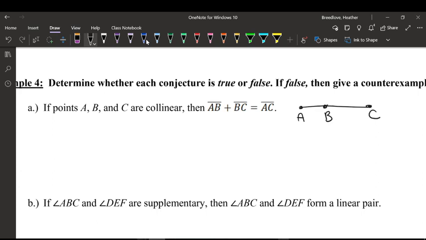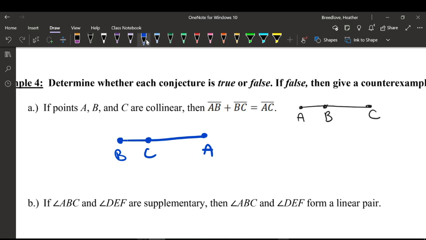Is this true or false? It can be true, but what if we have points A, B, and C, and we have B, C, A. Aren't those points collinear?